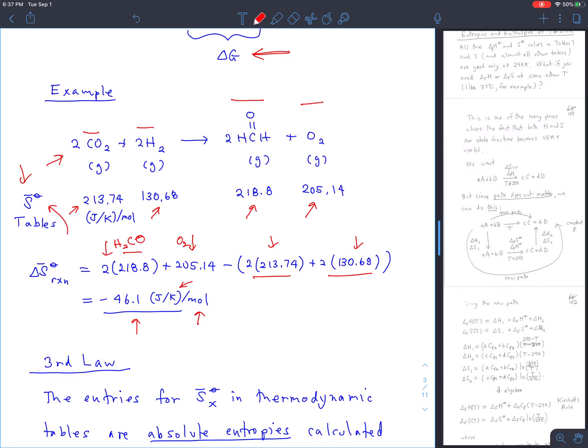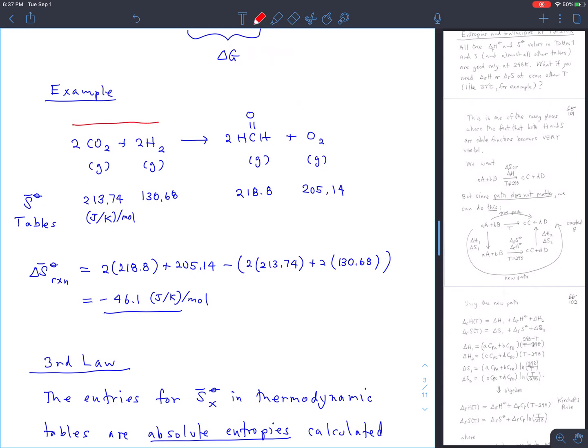Let's look at that number and see if we can make at least a little bit of sense out of it. After you get some experience with these, you can start getting a feeling for how big the number should be coming out, or at least a rough feeling. But to get a start on that, let's look at one salient feature, and that is that there are 4 moles of gas on this side, and only 3 moles of gas on this side.